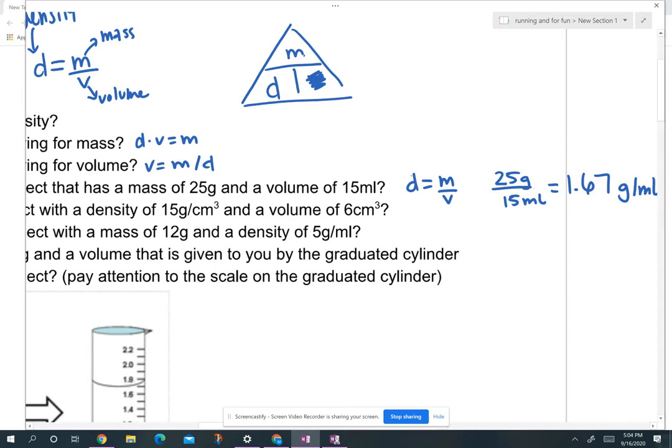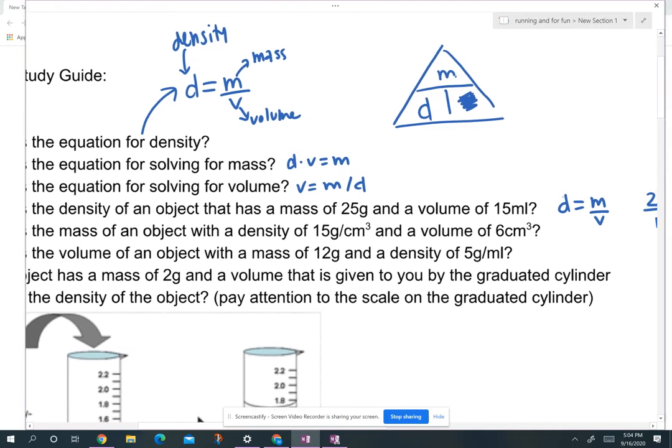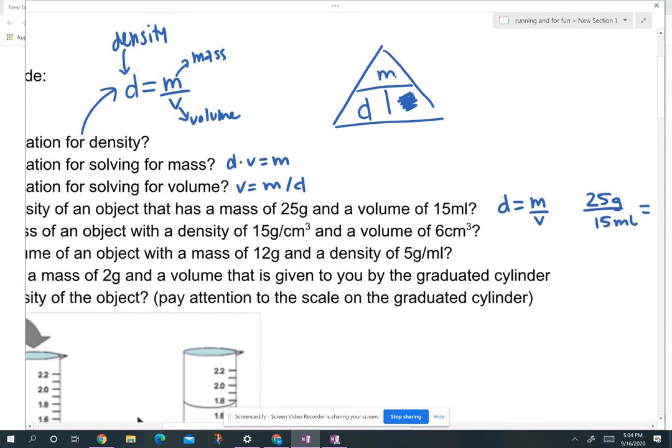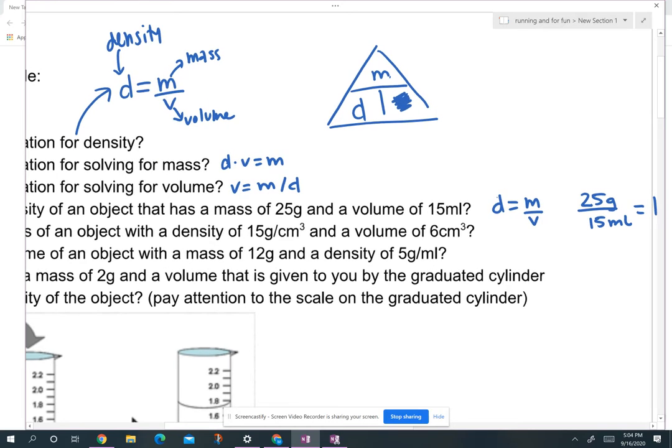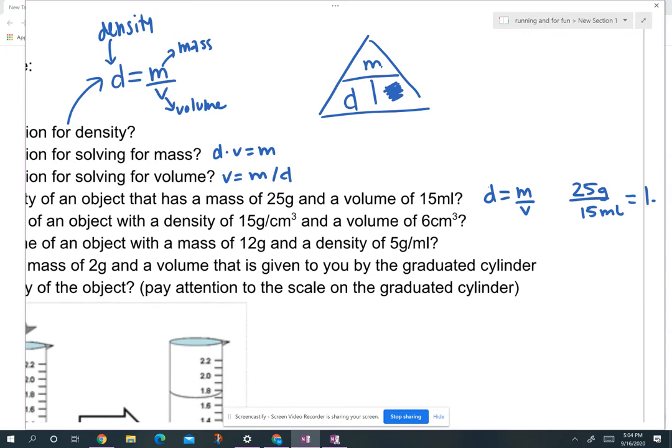That is what you should get on there. And again, I just take the units and put them on top of each other, and that's what I would get. Okay, the next one: what is the mass of an object with a density of 15 grams per centimeters cubed and a volume of 6 centimeters cubed? I'm going to use my other equation: mass is equal to density times volume.